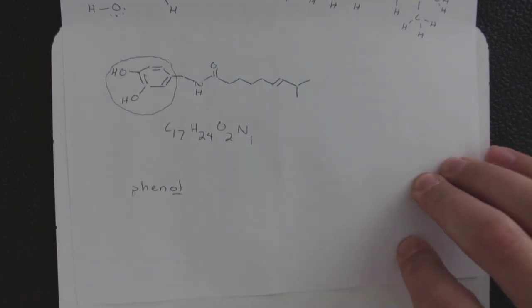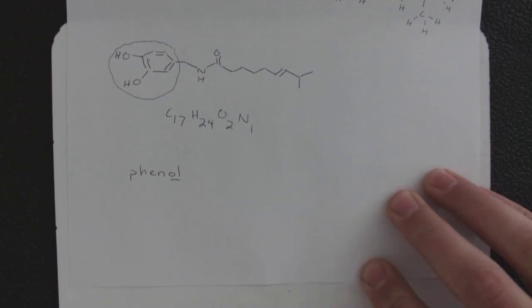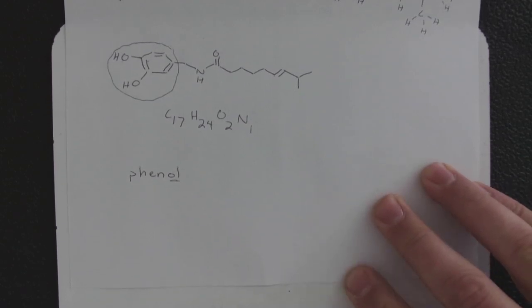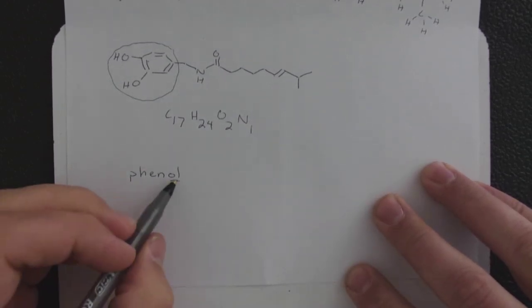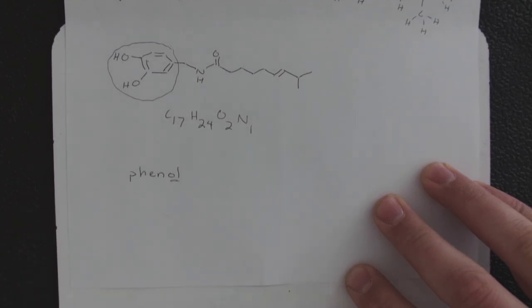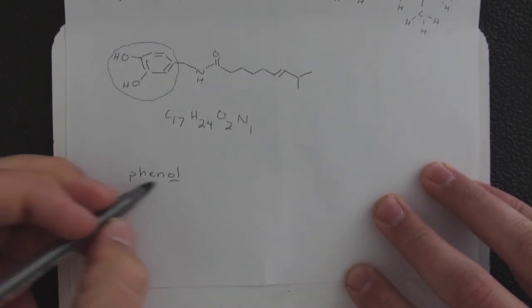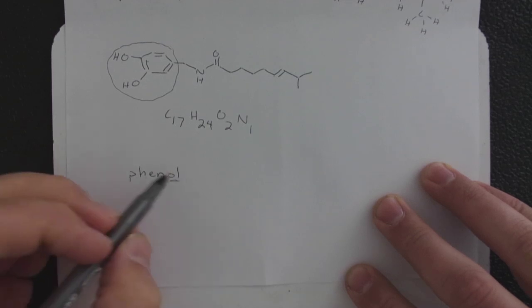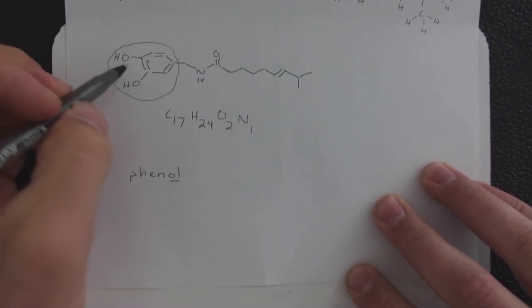Another group that we oftentimes have within organic chemistry is an alcohol group, which has an OL that goes into our naming as well. But we've got a phenyl ring with an alcohol group, so we have a phenol, okay?